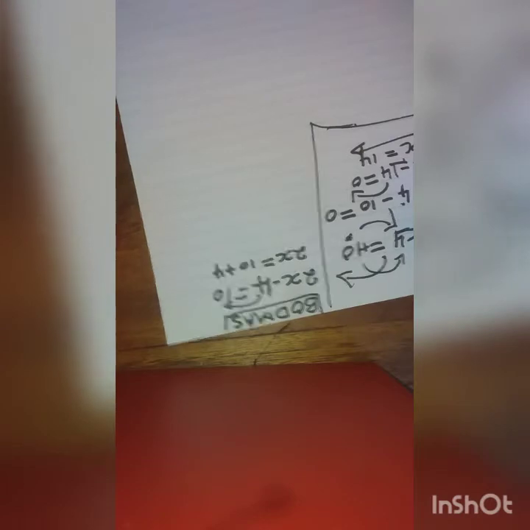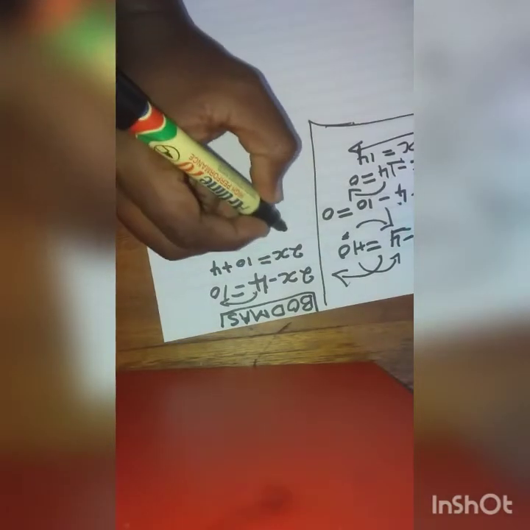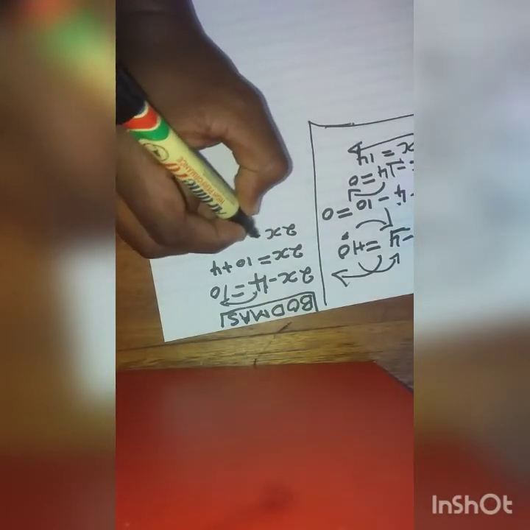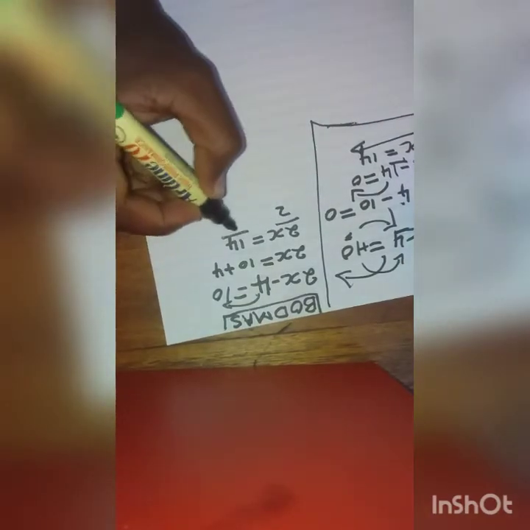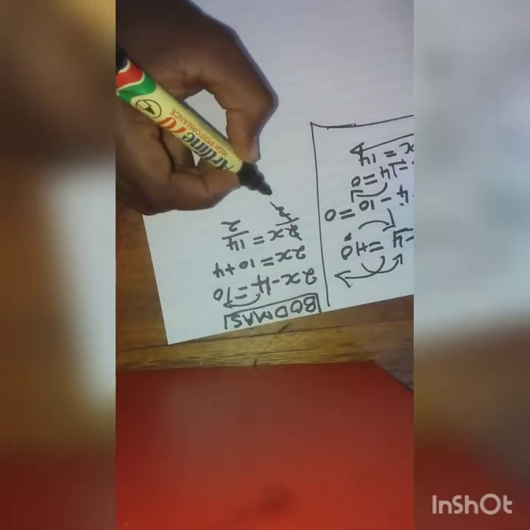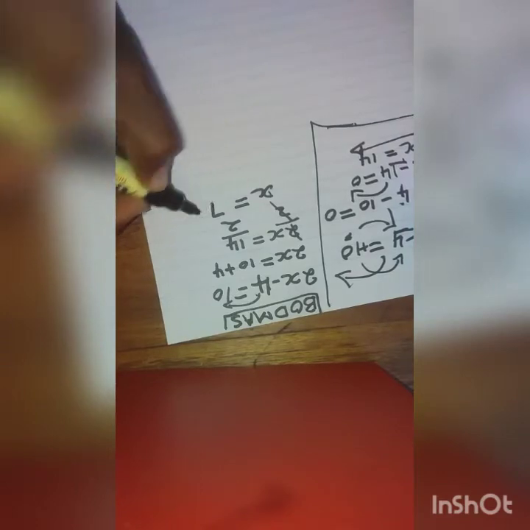When it crosses the equal sign, it changes its sign. So it was a negative, now it becomes a positive. So now we have 2x equal to 14. Then if we divide by 2, these 2 and these 2 will cancel each other. X will be equal to 7.